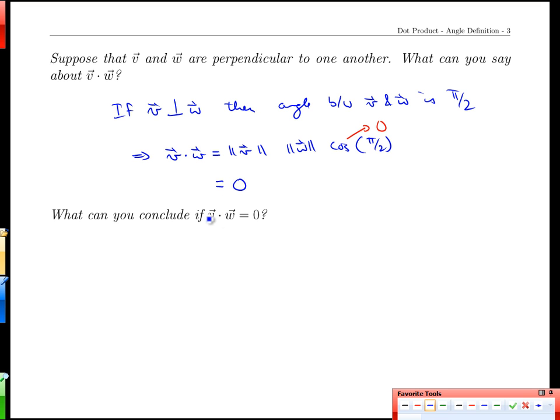Now, just to turn that around, if we can see two vectors and we take their dot product and we get 0, does that mean that they're perpendicular? Well, let's take a look. v dotted with w is the length of v times the length of w times cos theta, the angle between them. And so it seems pretty clear, actually, that therefore, yes, cos of theta must equal 0.